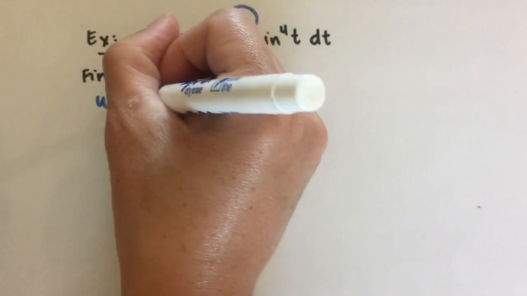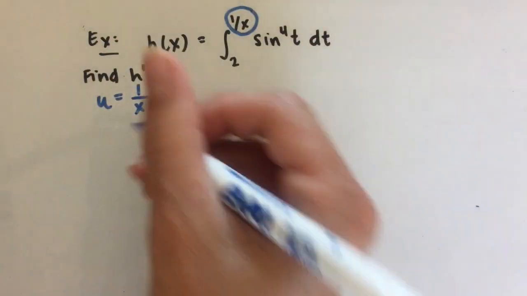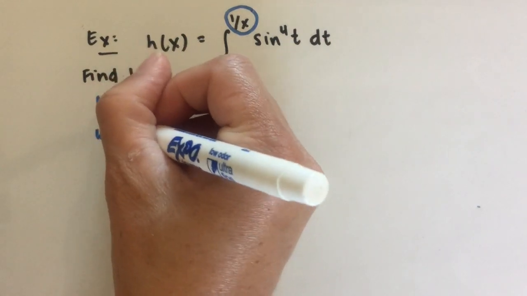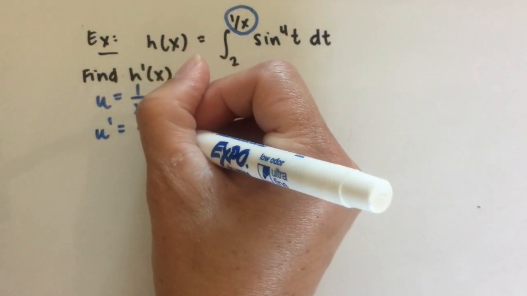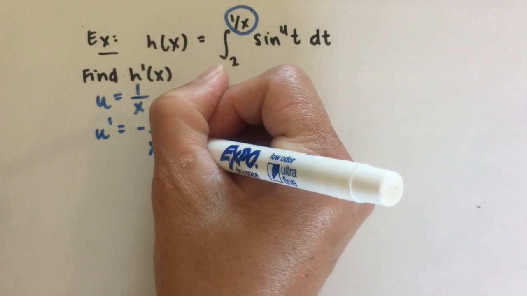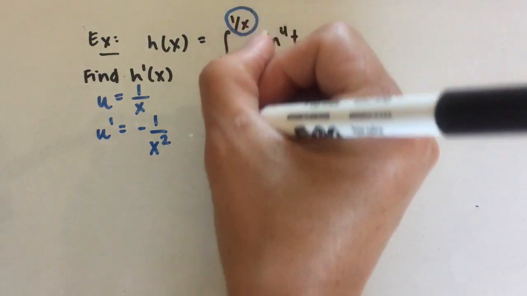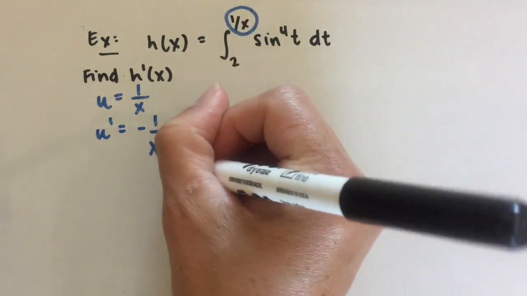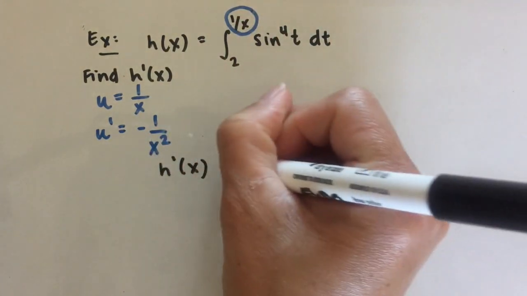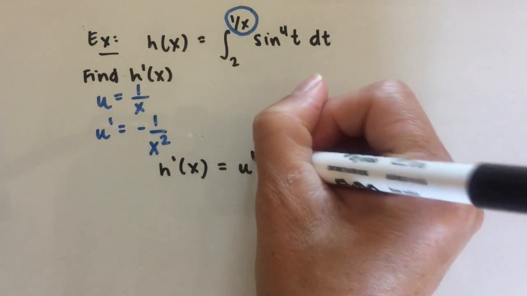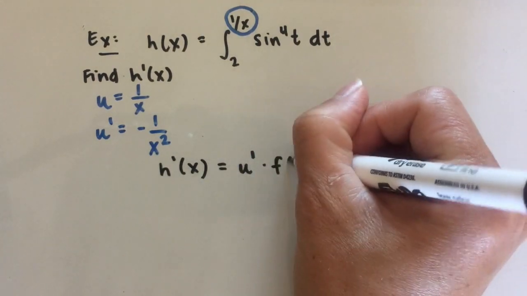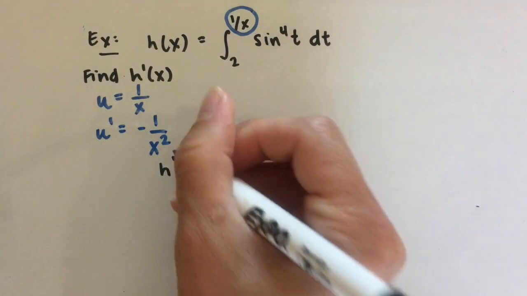So we'll let u equal 1 over x. And so our u prime is negative 1 over x squared using the power rule. So here we're applying a form of the chain rule. When we have a value in the limit that is not x, but rather a function of x, we're going to take the derivative of that and multiply it in the front.